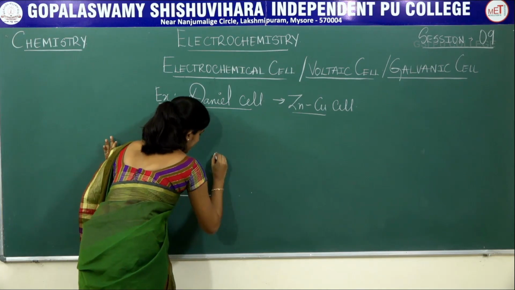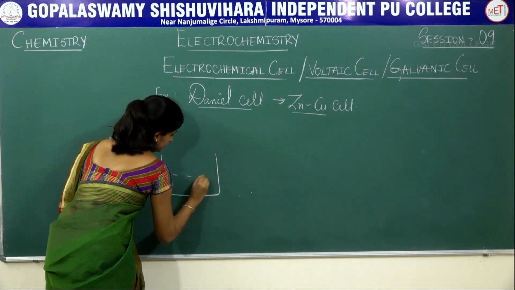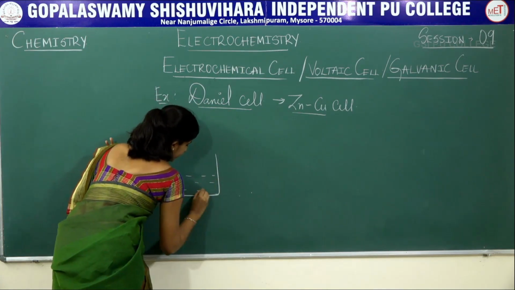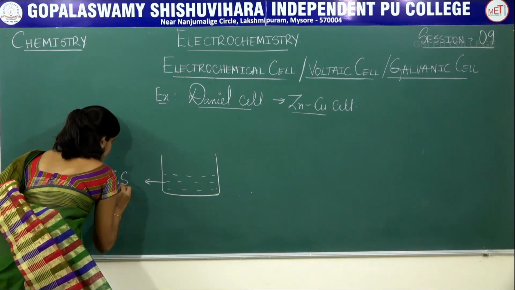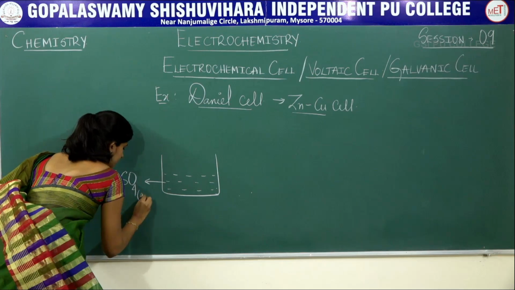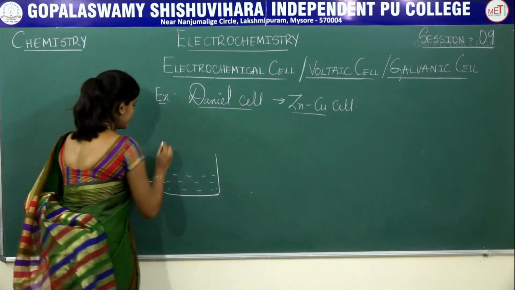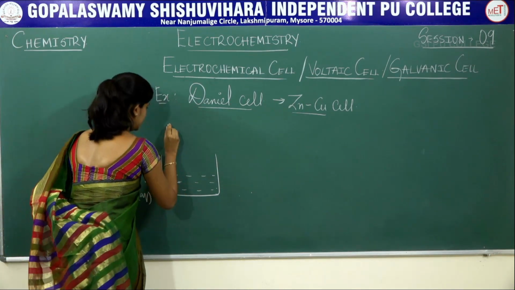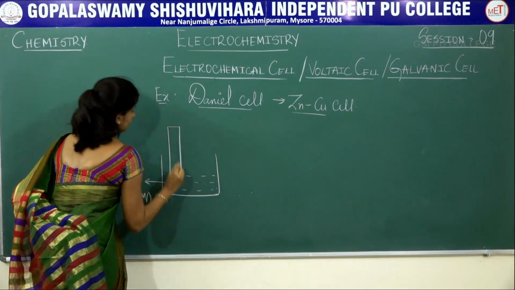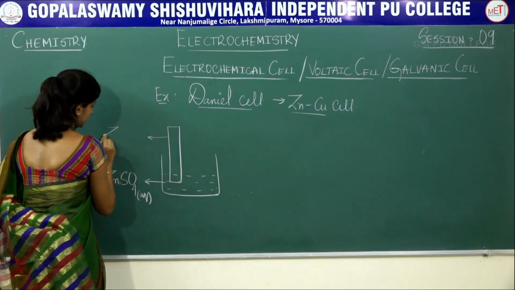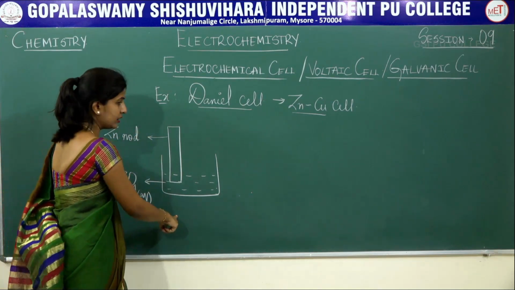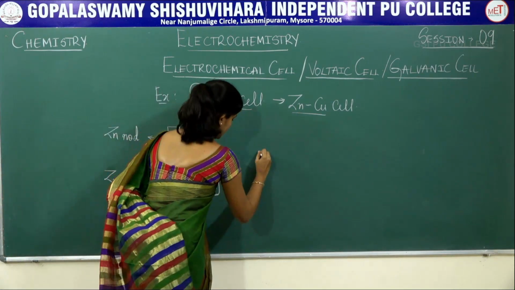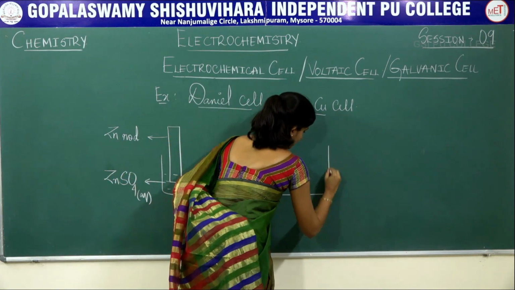You have container number 1 in which you have filled zinc sulfate solution, into which you have dipped a zinc rod. This is container number 1.